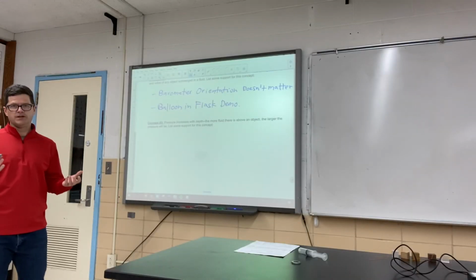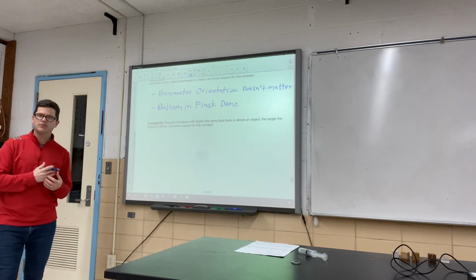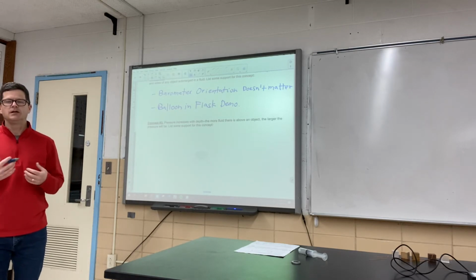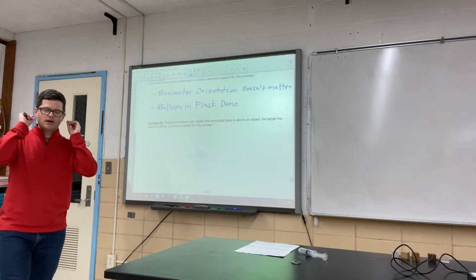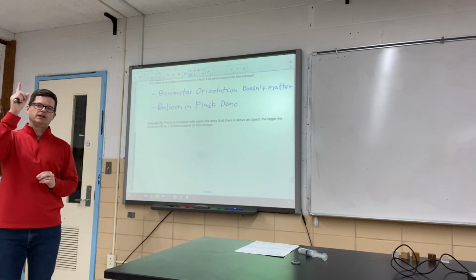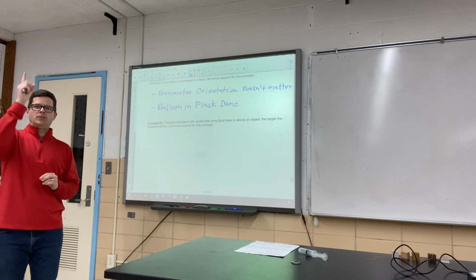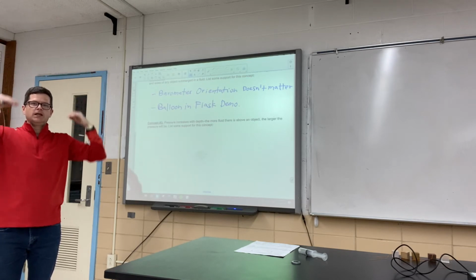Some support for this, some things where you might have actually experienced a change in pressure with depth as it regards to air pressure, is if you've flown in an airplane. Our ears are really good pressure sensors. And when you go up in an airplane, you're going up in the atmosphere. There's less weight of the atmosphere above you, and the pressure goes down.